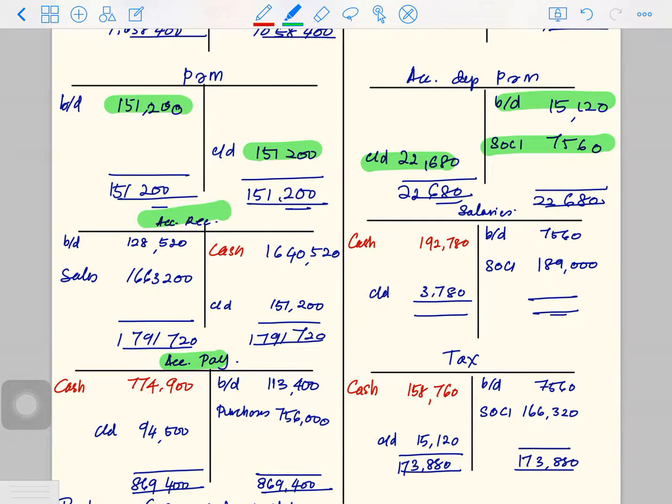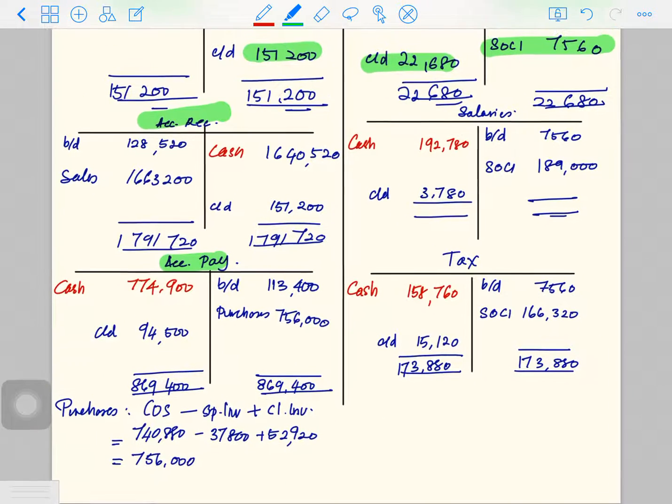So account payable ni untuk inventory dia ada mention, kita tahu bahawa purchases ni equals to cost of sales minus opening inventories plus closing inventories.